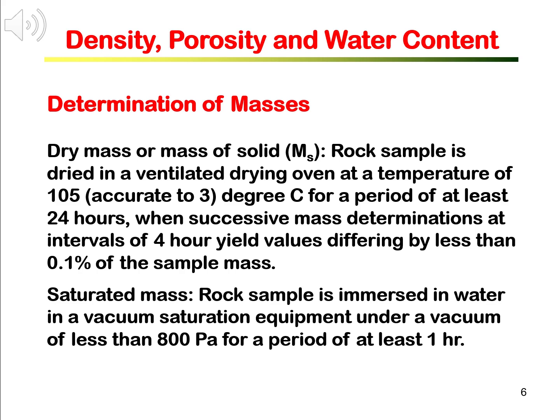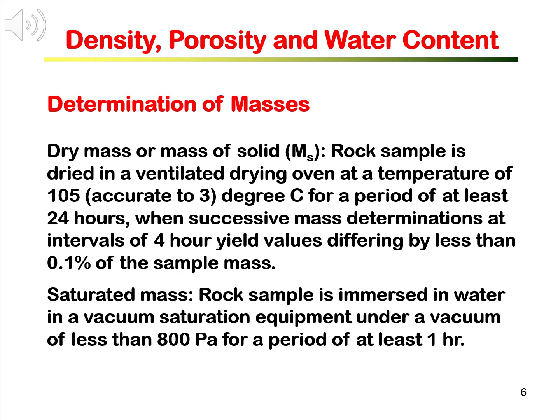Saturated mass is the mass of the rock material when it is completely saturated with water. That is when the voids in the rock materials are filled with water. To achieve this status, the rock sample is immersed in water in a vacuum saturation equipment under a vacuum of about or slightly less than 800 bar for a period of at least 1 hour.